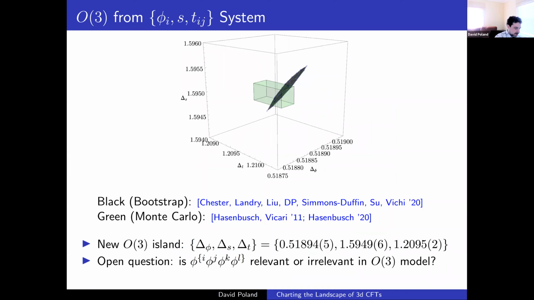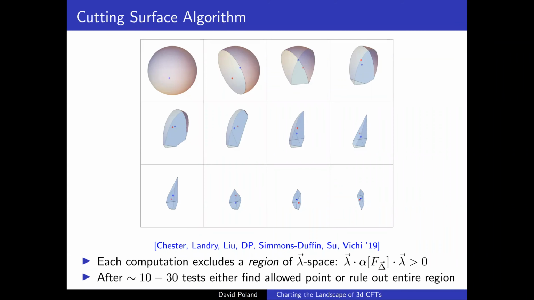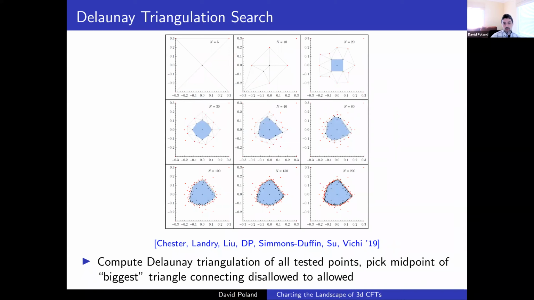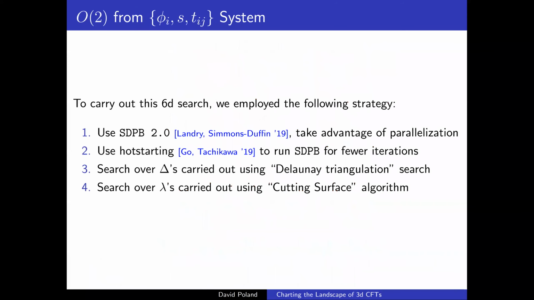Now we use these same techniques. Just a question. Maybe I misunderstood, but this allowed region, would it always be convex? In practice, it seems to be convex, but there's no argument that it has to be.